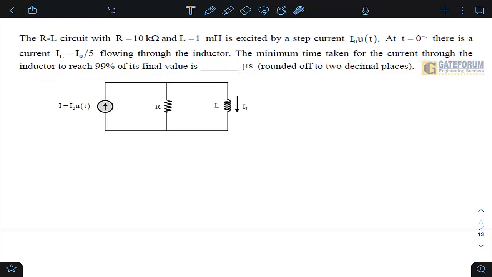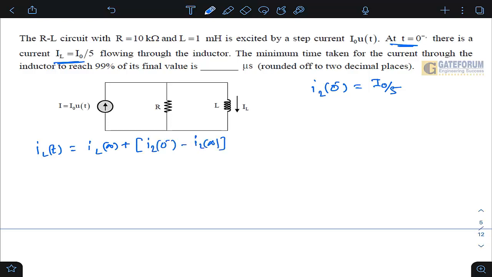So the data the student is given is that at t equal to 0 minus, there is a current. That means the inductor has an initial current. So IL of 0 minus is given as I0 by 5. And it says step input case, students. In this case, the inductor current is given by the well-known equation, which is IL of infinity plus IL of 0 minus minus IL of infinity, into e raised to power minus t by tau.